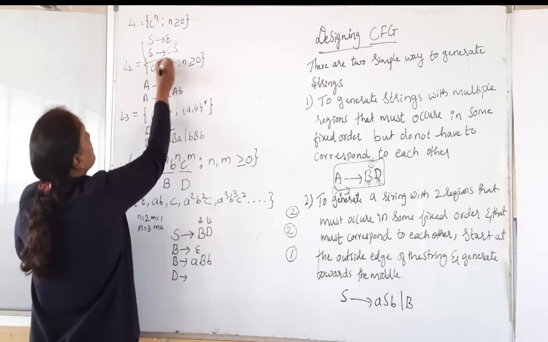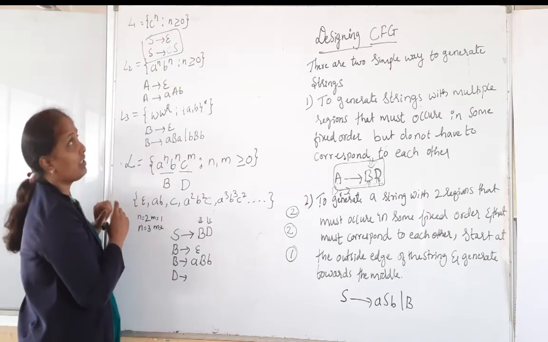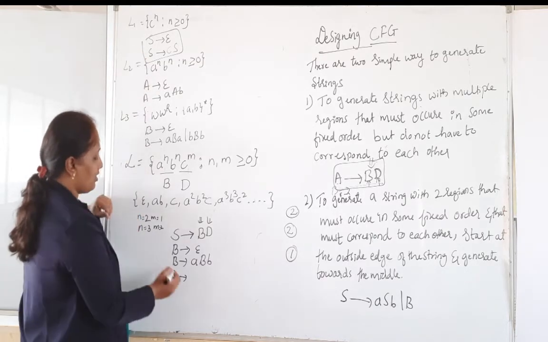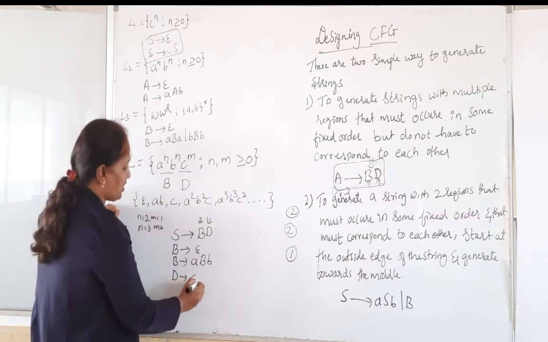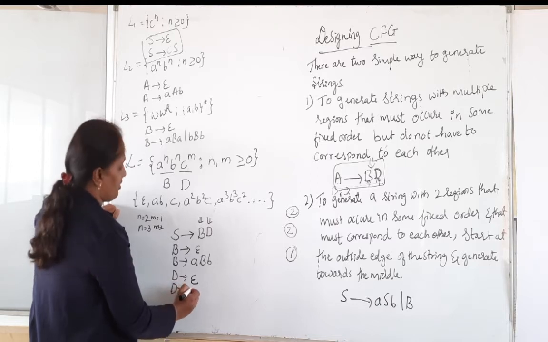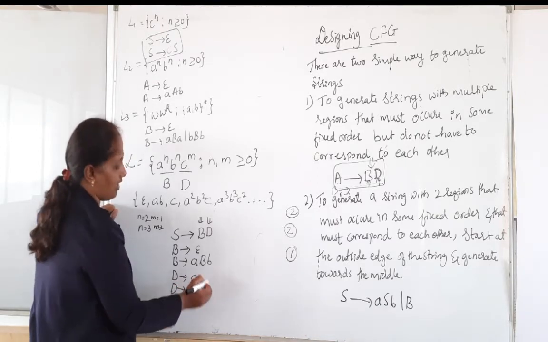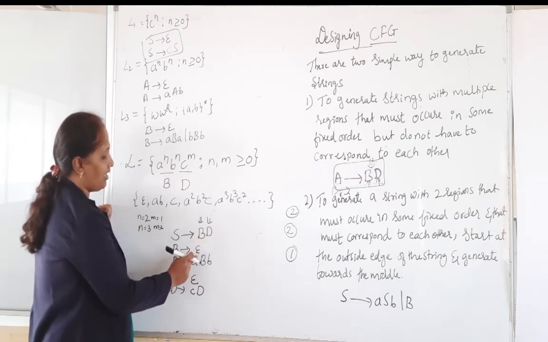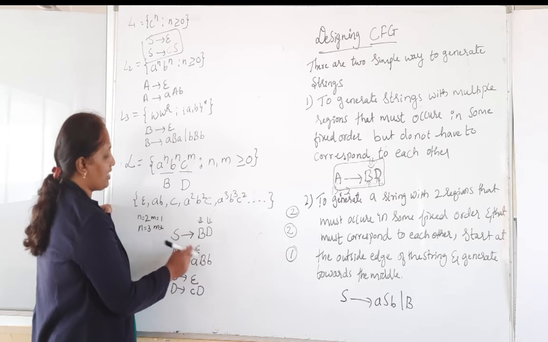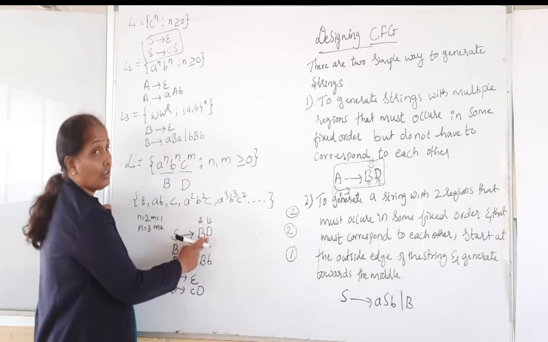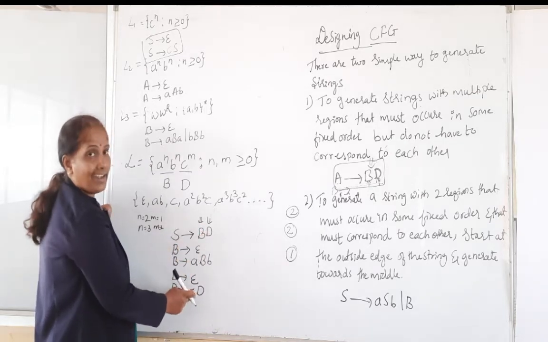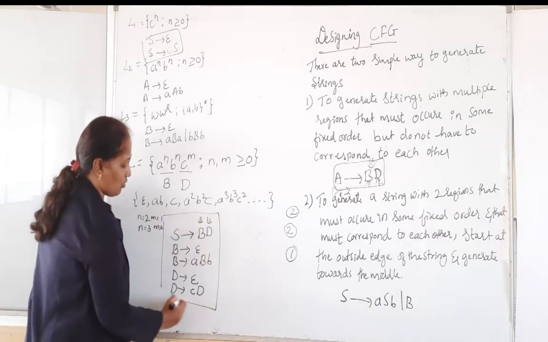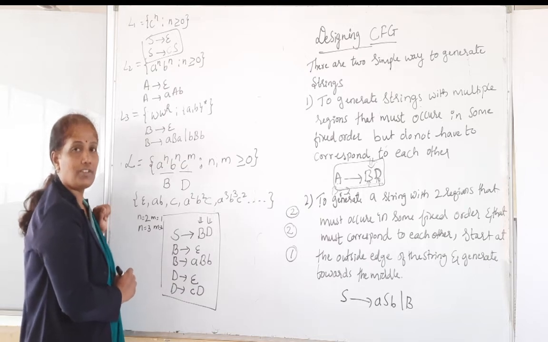So what rules I had discussed with you in the previous section, based on that I can write D derives epsilon or D derives small c D. So the first region, that is B, is defining any number of a's and b's, where a is followed by b. Next D is defining any number of c's here. So this is a combination of two region strings.